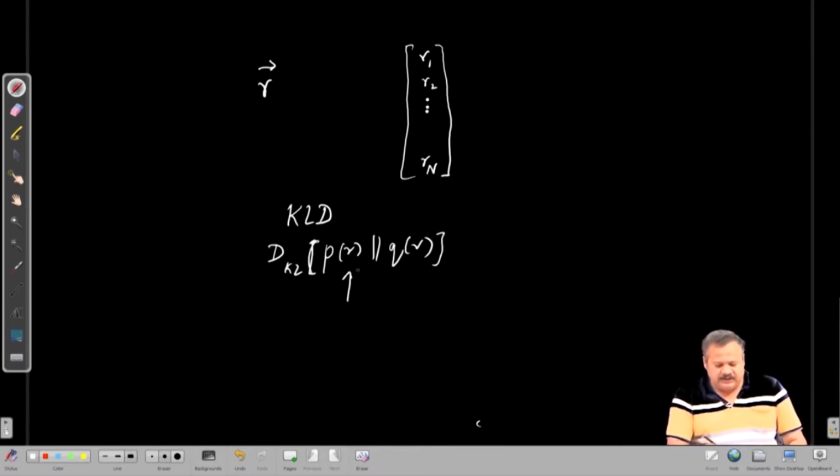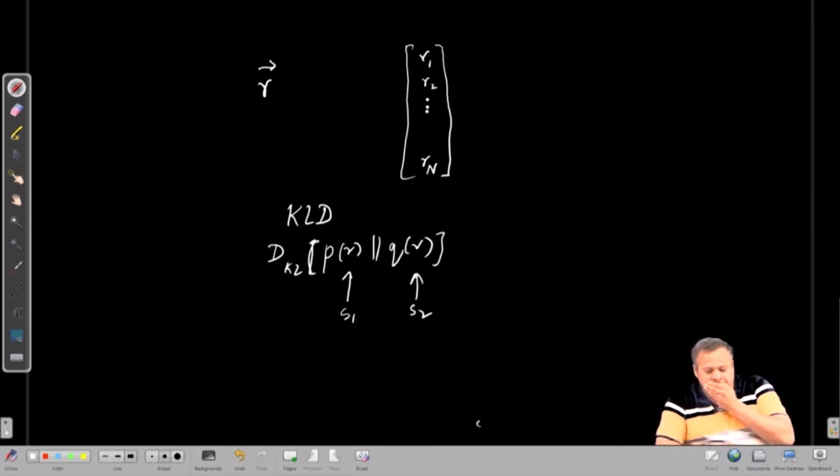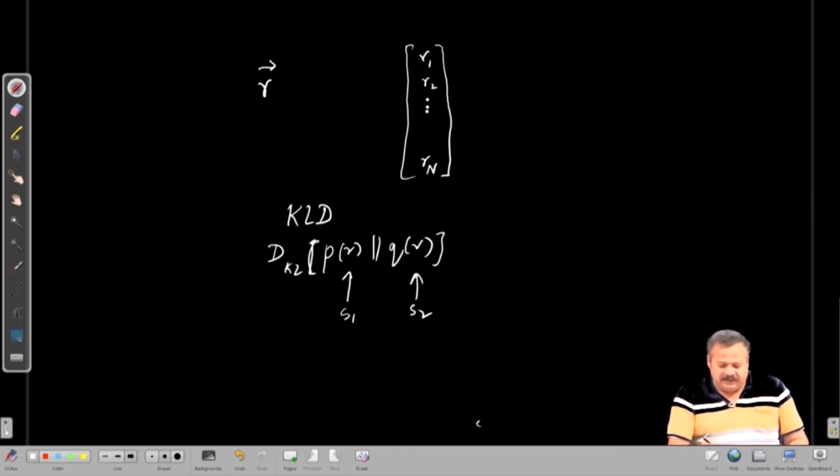This is in response to stimulus 1, and this is in response to stimulus 2. So we are getting two different distributions. We convert this DKL into the DKL between two vectors, the distribution of vector random variables P of R and Q of R here.